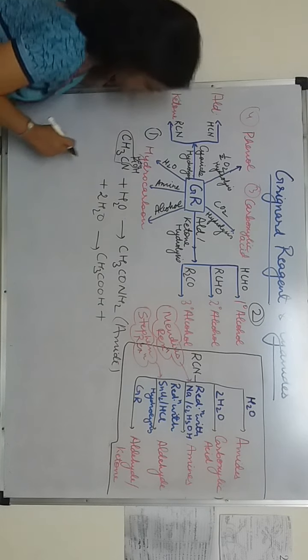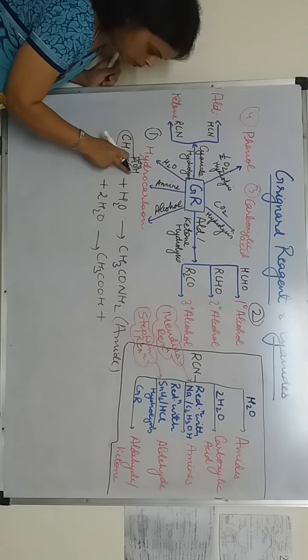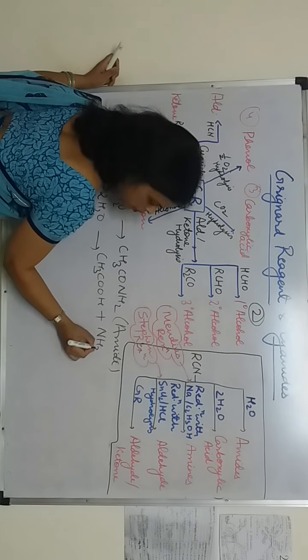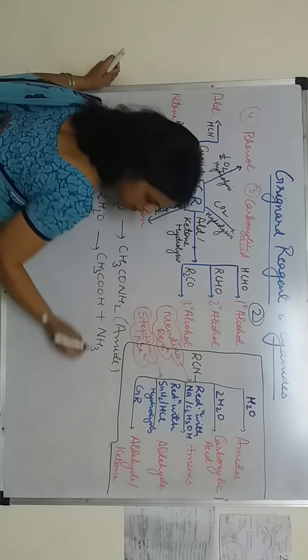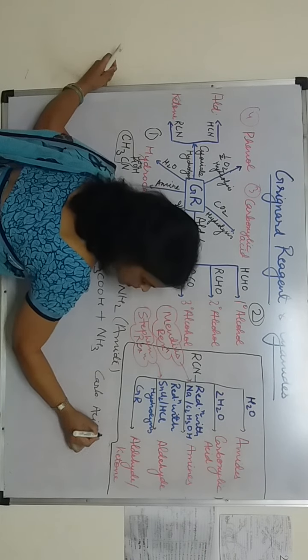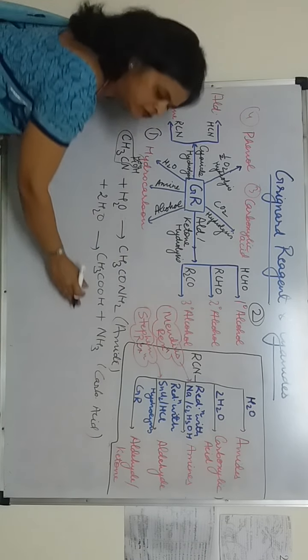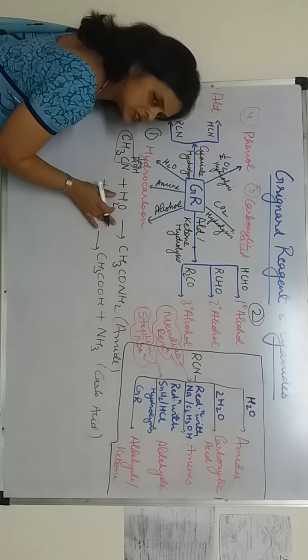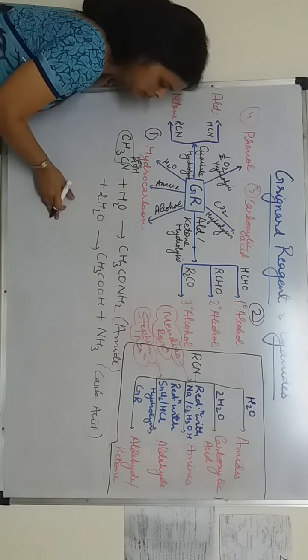Now what is left behind? One N and three hydrogens, so the side product is ammonia. What we are getting here is a carboxylic acid. These are very helpful reactions in the conversions, where partial hydrolysis and complete hydrolysis are going on.